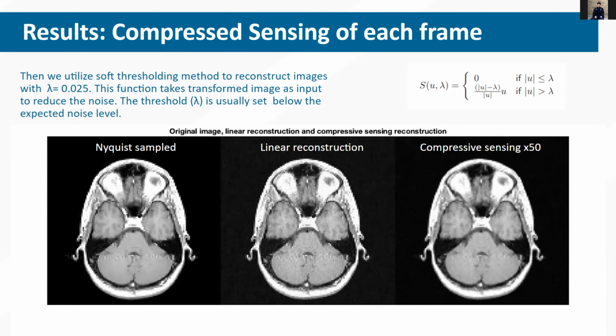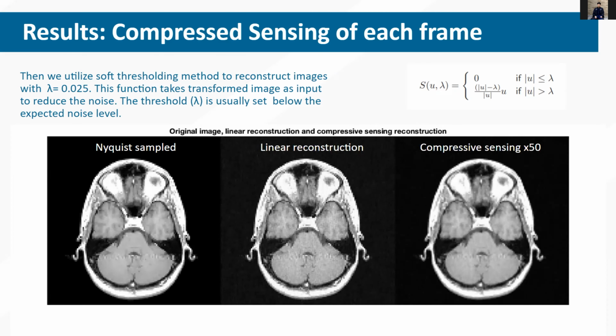We tested several different threshold values, and we chose 0.025, which improves the image quality the most. Usually the lambda value is smaller than the noise level. The movie here shows the fully sampled images, linear reconstructed images, and compressed sensing with 50 iterations. And we believe all the slices improve in quality.